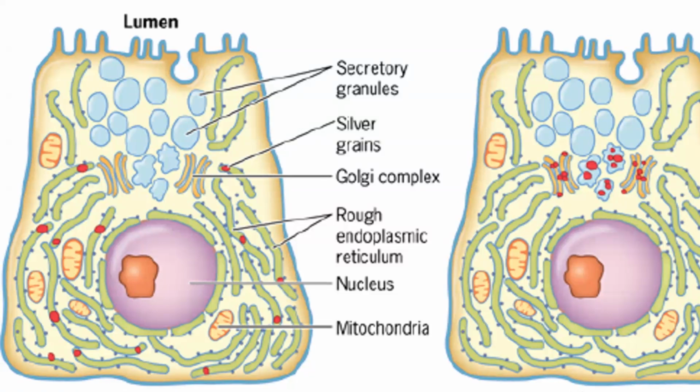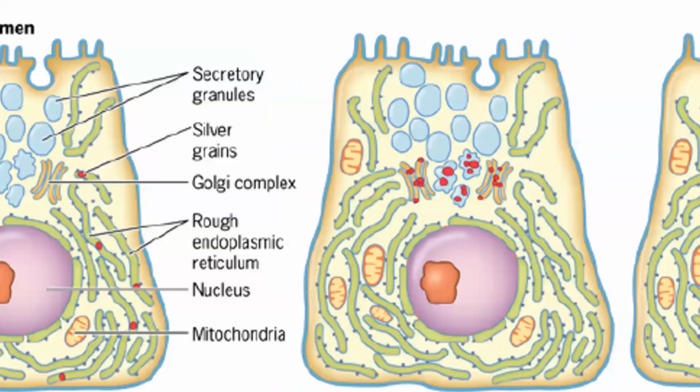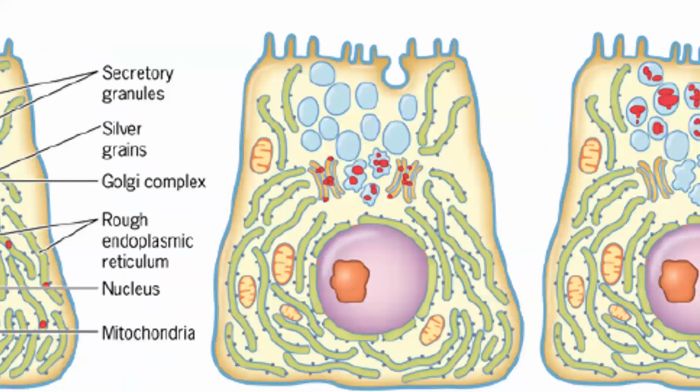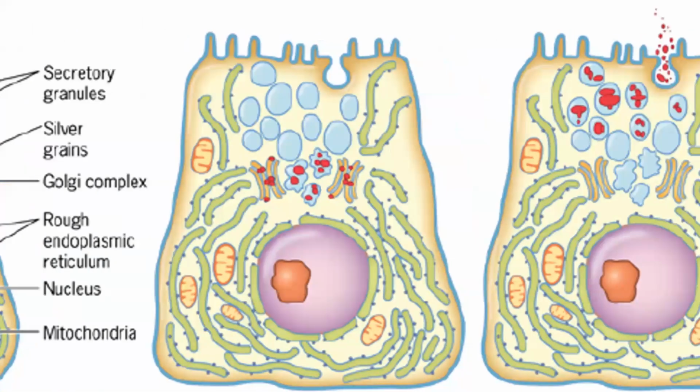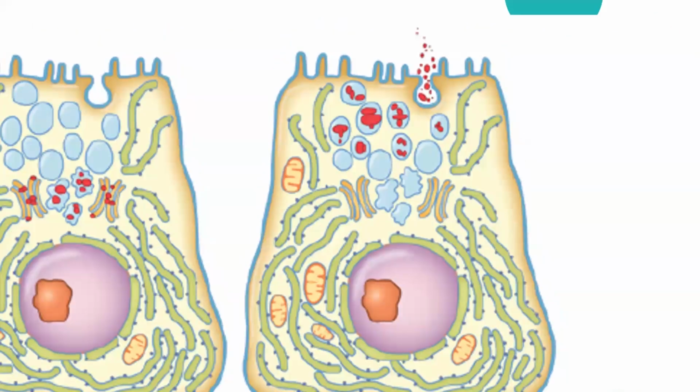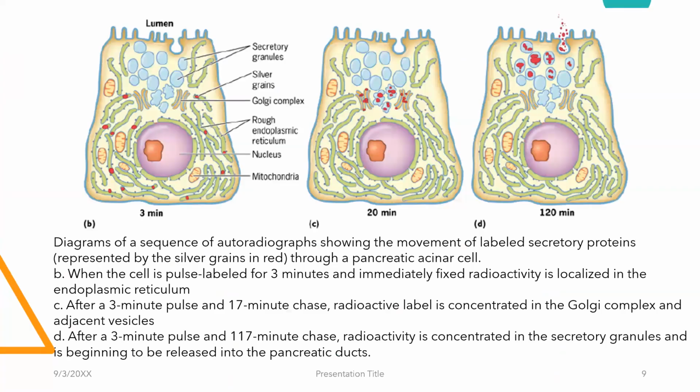So the pathway is basically the rough ER where they are synthesized, followed by packaging and transport via the Golgi apparatus, and then hanging out around the secretory granules before being released to the outside. So basically, that's the pathway where the secretory granules occur.